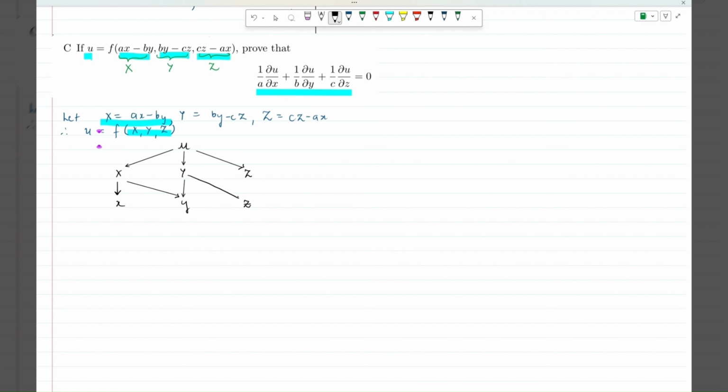I've just put a break in z to differentiate capital Z and small z. And lastly, capital Z depends on z and x, so from capital Z we drop down to small z and small x. So this is the lattice. The lattice structure helps us write down the partial differentiation very nicely without making any mistakes.